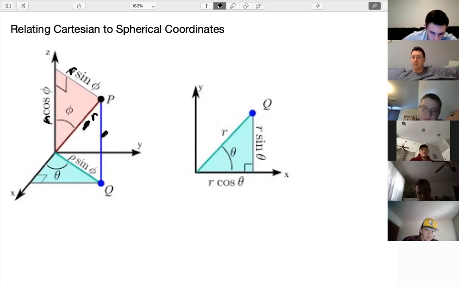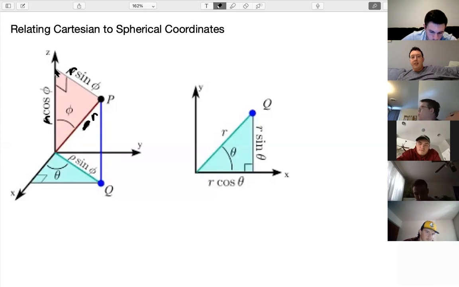Okay. Let me pause there. Is everybody clear how I'm getting these two, r cosine phi and r sine phi? Right. Phi is the azimuthal angle, and combining with the spherical coordinate radius, I can make a triangle with that radius on the hypotenuse.